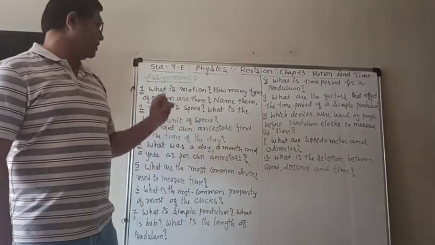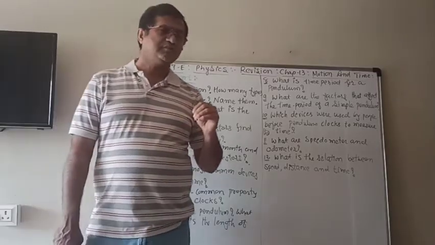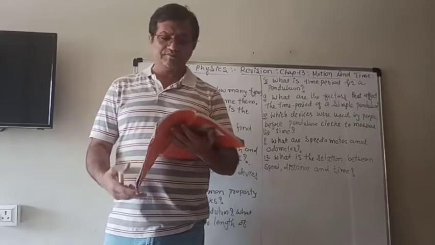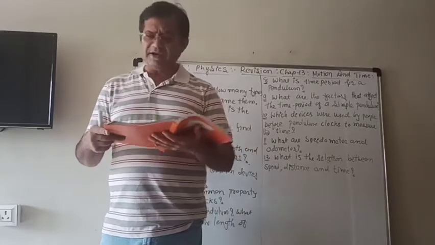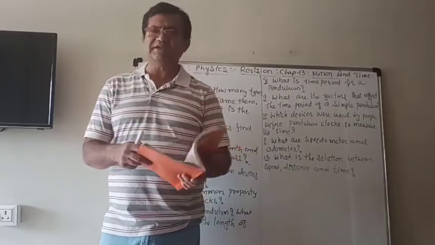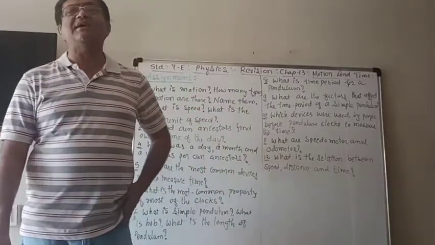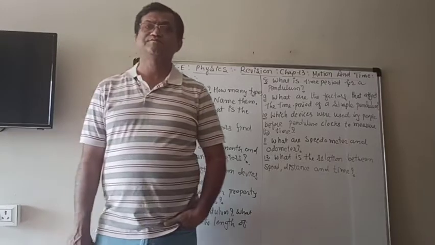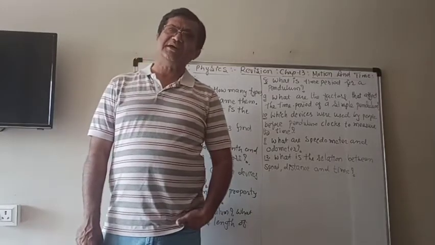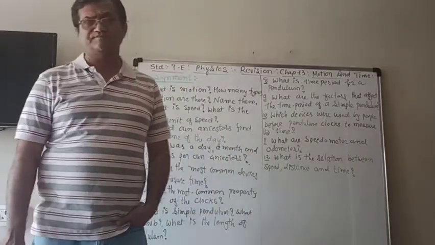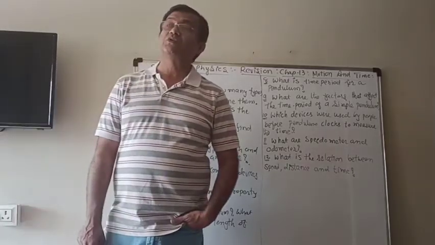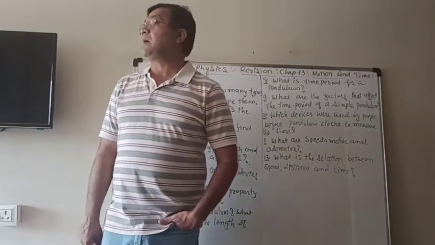Then the time. We know the measurement of time. Nowadays we have so many devices to measure the time. But in ancient times, how were our ancestors able to understand about the time?